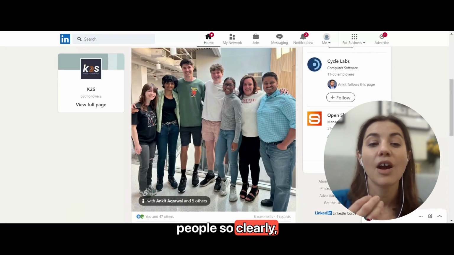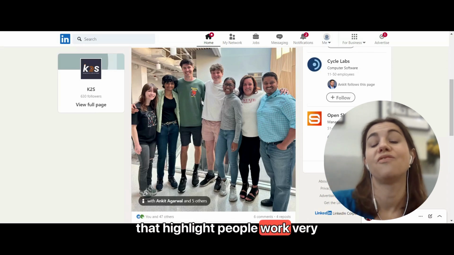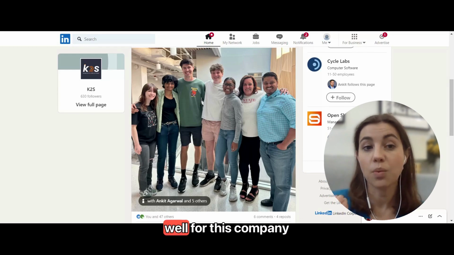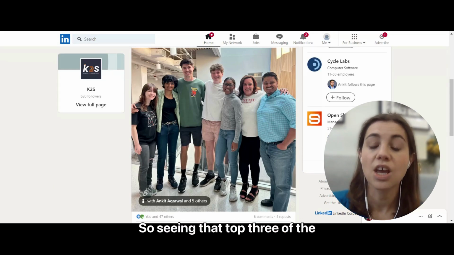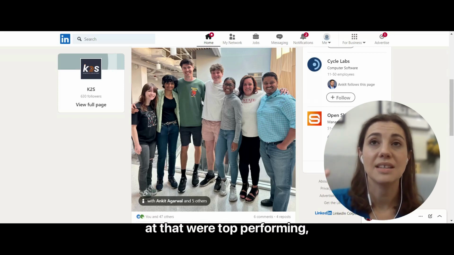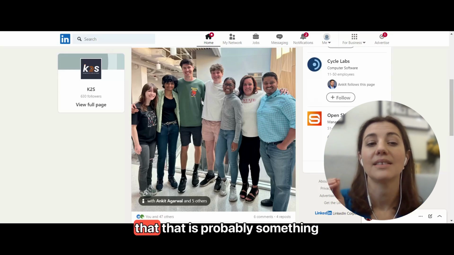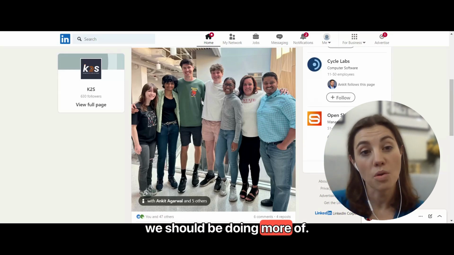Clearly, images or collections of images that highlight people work very well on LinkedIn and for this company and their audience. Seeing that the top 3 posts all featured people gives us a really good insight that this is probably something we should be doing more of.